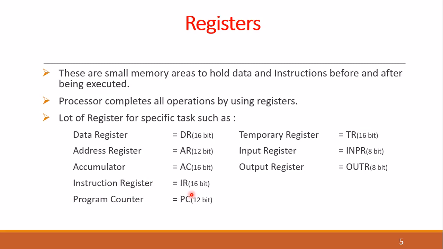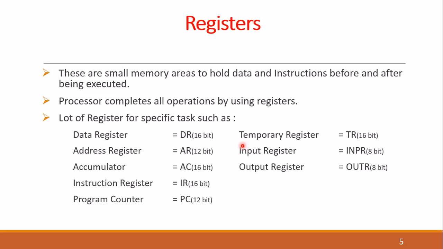Then the program counter. Its capacity is 12 bits, with a 12-bit memory register, also called the instruction pointer register. It holds the address of the memory location of the next instruction when the current instruction is executed by the microprocessor.